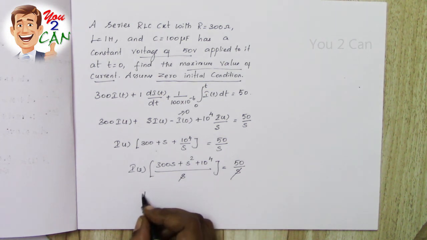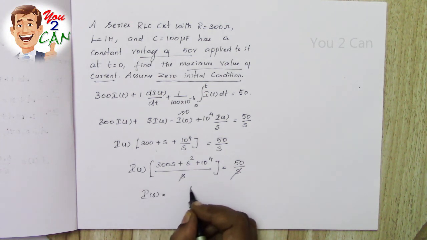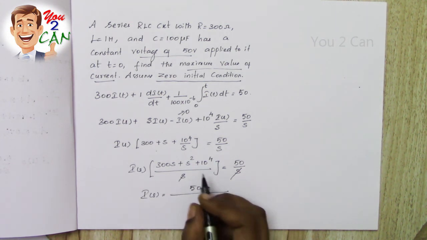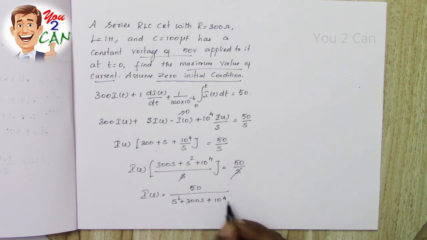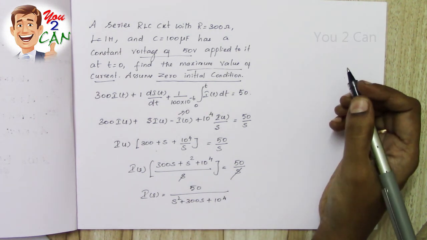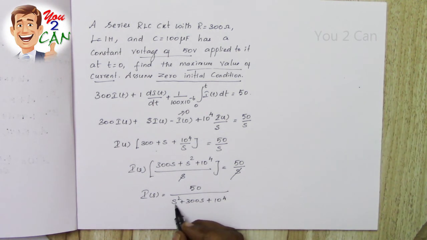This is cancelled, so I(s) is equal to 50 divided by, I have written it in order, s squared plus 300s plus 10 power 4. Now the coefficient of s squared is already 1, so we don't need to take anything outside.